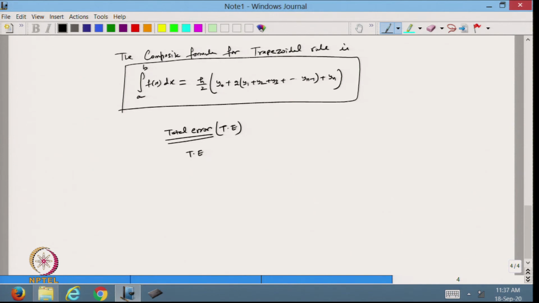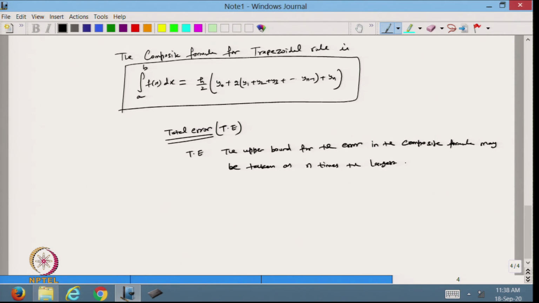The upper bound for the error in the composite formula may be taken as n times the largest error in any subinterval.